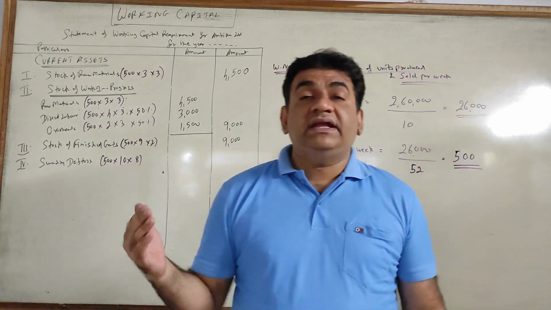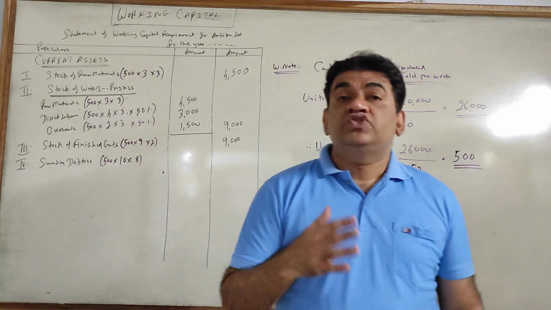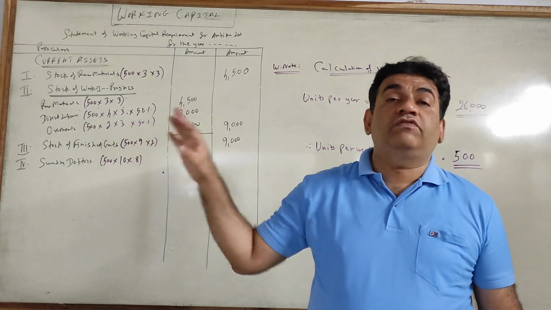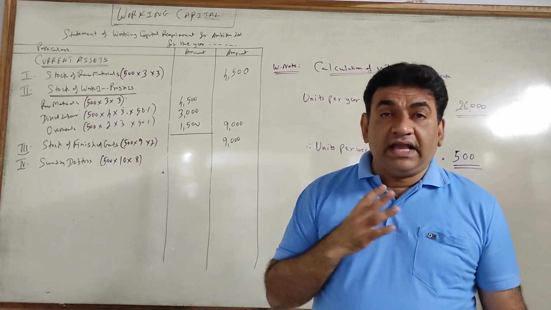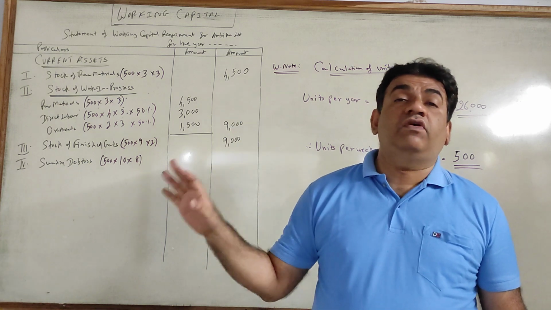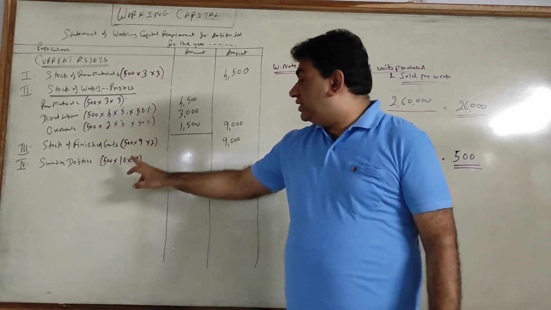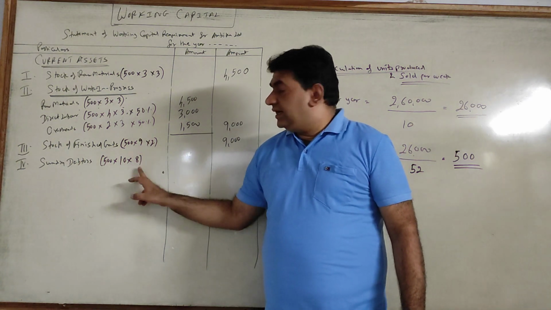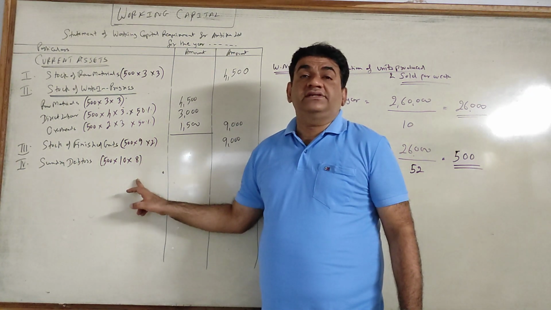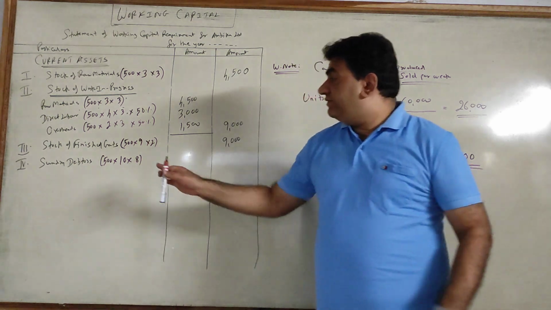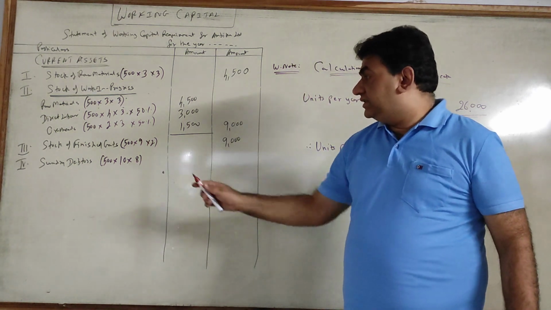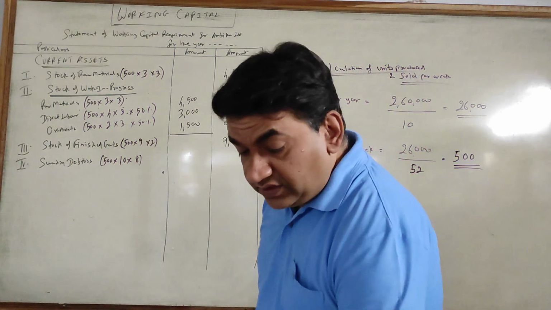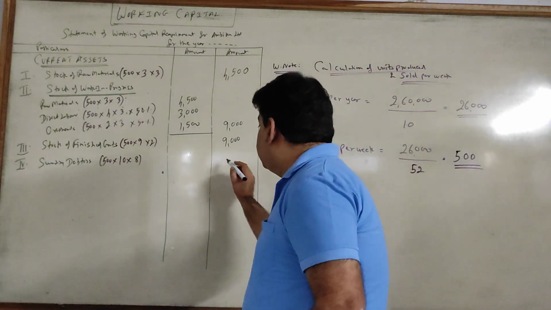So I will get the money after 8 weeks. So my money is blocked for 8 weeks. So number of units into the selling price into the credit period, that is 8 weeks. So 500 into 10, 5,000, 5,000 into 8, that is 40,000.